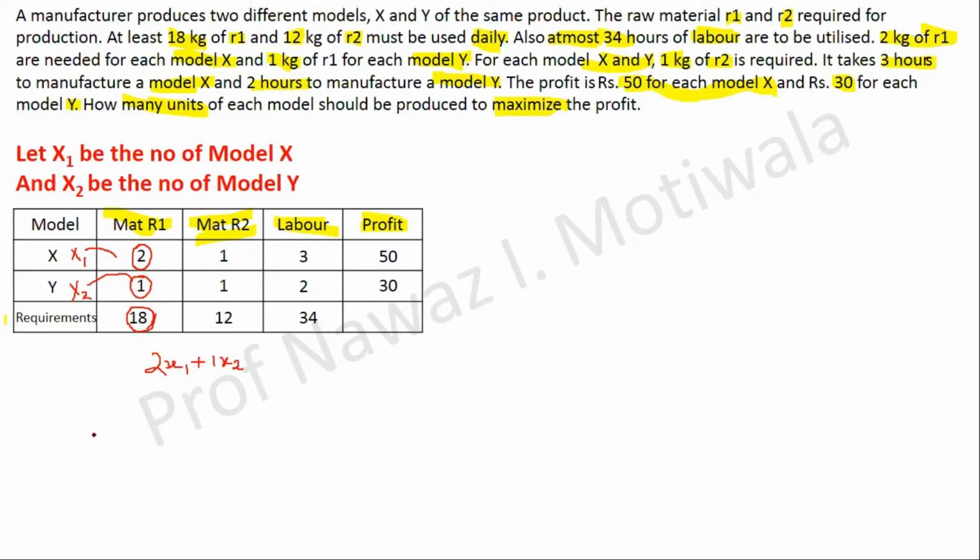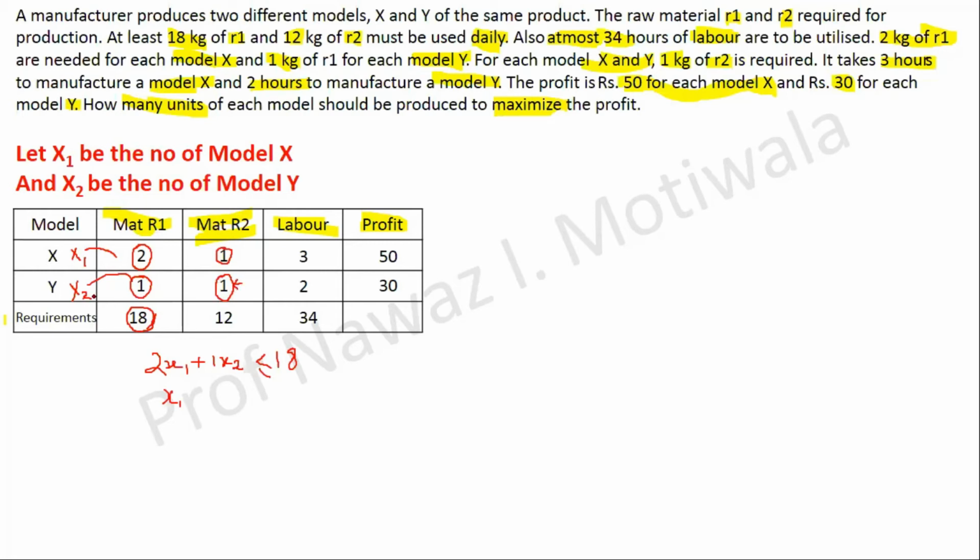Similarly, for the material R2 constraint, it is given that 1 kg is required for 1 unit. So for X1 units, it will be X1. X1 into 1 will be X1 only. Similarly, 1 kg of material R2 is required per unit.